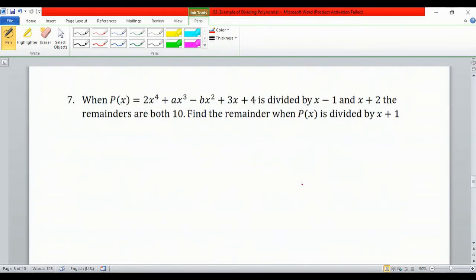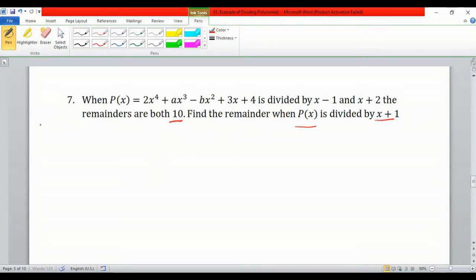Okay, P(x) is equal to 2x power 4 plus a x power 3 minus b x power 2 plus 3x plus 4. When it is divided by x minus 1 and then by x plus 2, the remainders are both 10. Find the remainder when P(x) is divided by x plus 1.